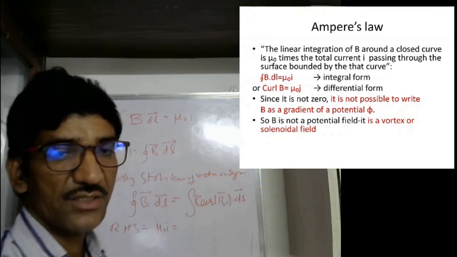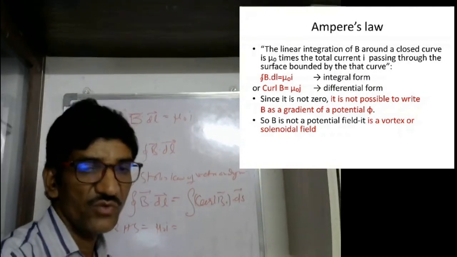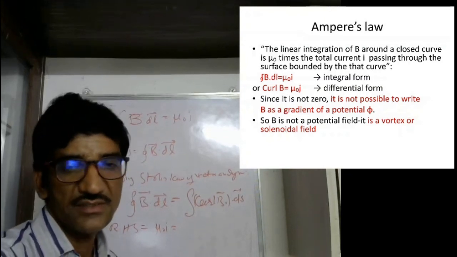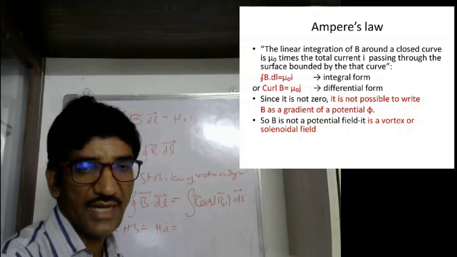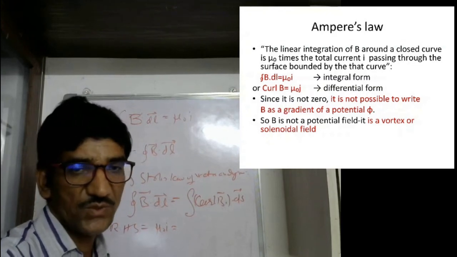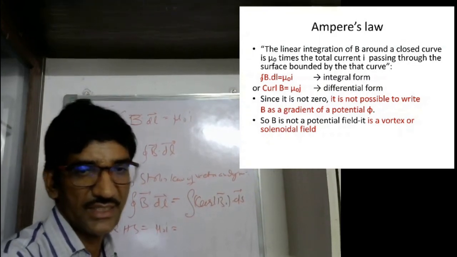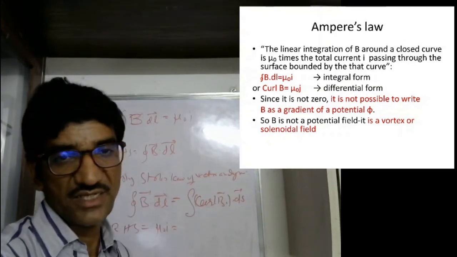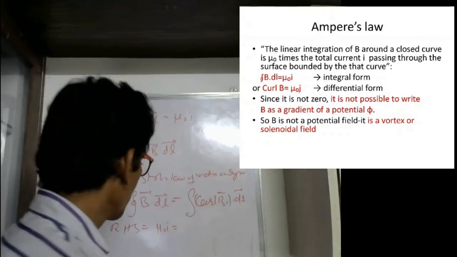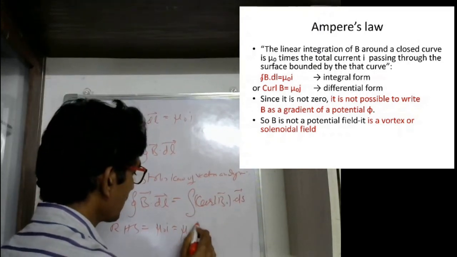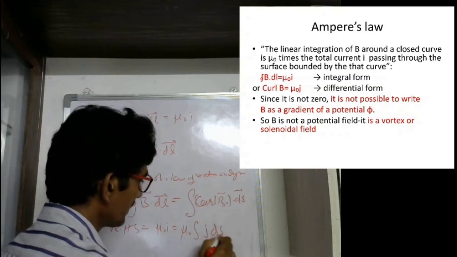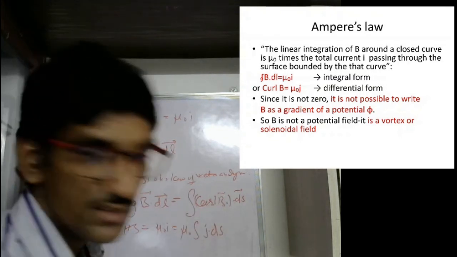In electrostatics we defined some quantities: sigma, rho, lambda. Here also we may define similar quantities: charge, charge density, current, current density. Here you may write this current as the current density times ds, the integral of j dot ds.